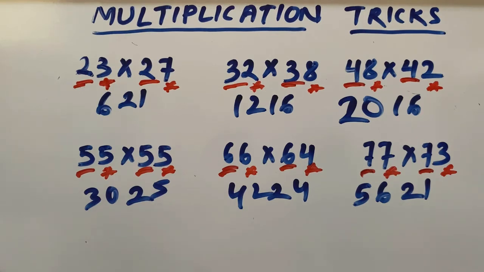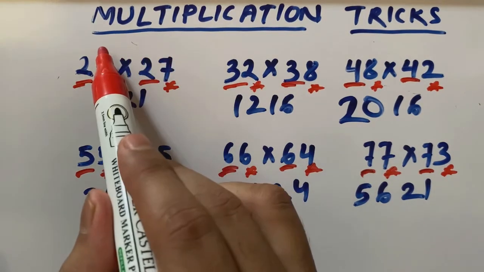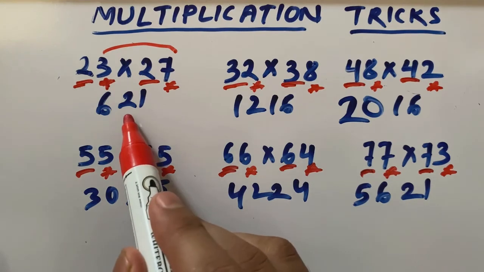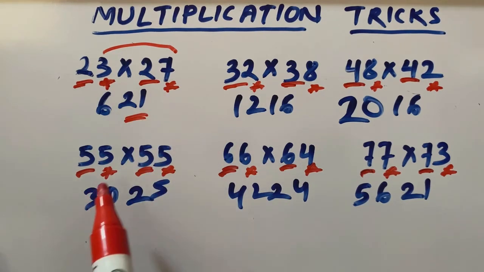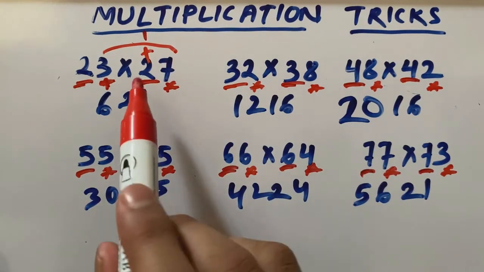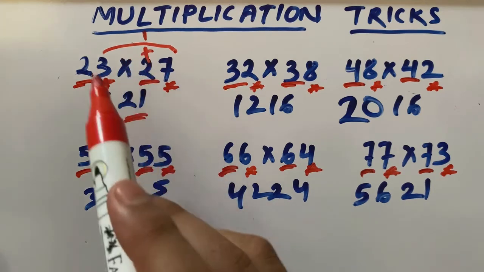So what is the formula then? How are we doing these multiplications? What is the trick we are applying? Here you see the second digits, 7 and 3, we are multiplying. What do we get? 21. Then the first digit plus 1: 2 plus 1 equals 3, 3 times 2 is 6.